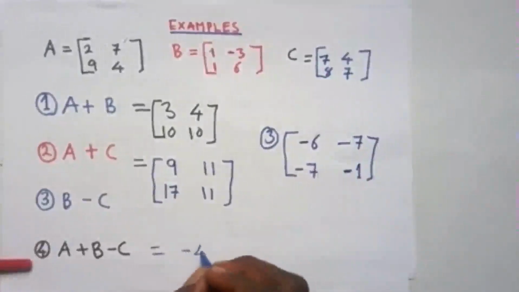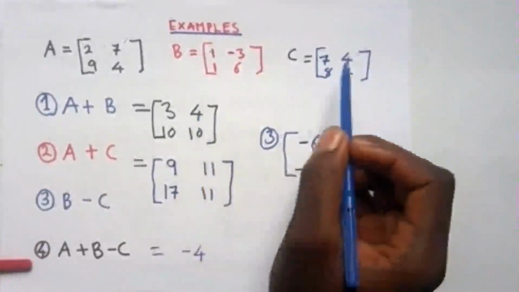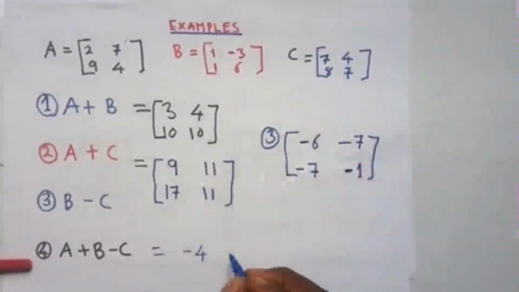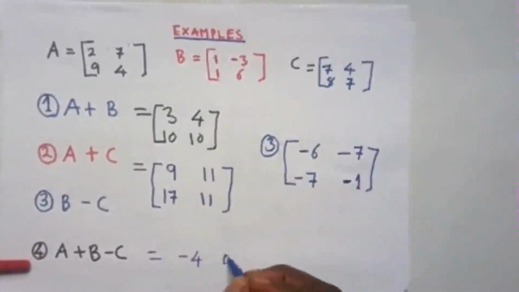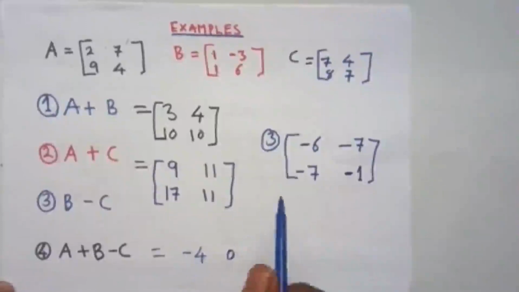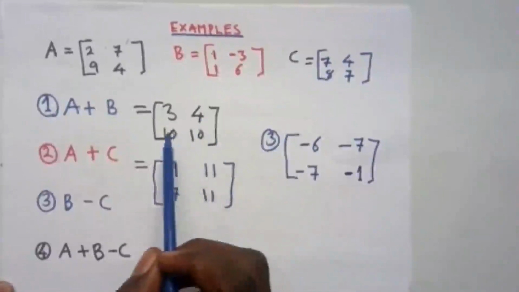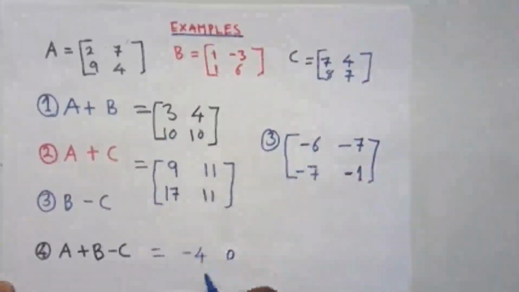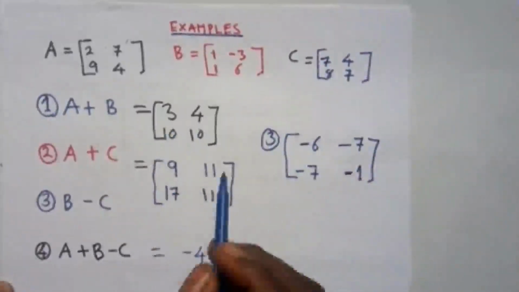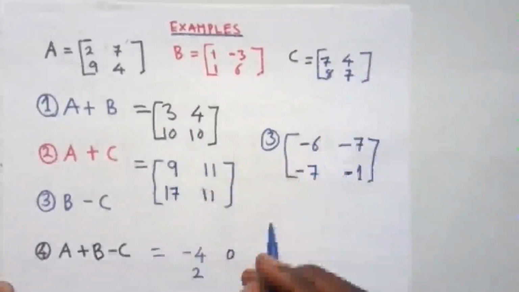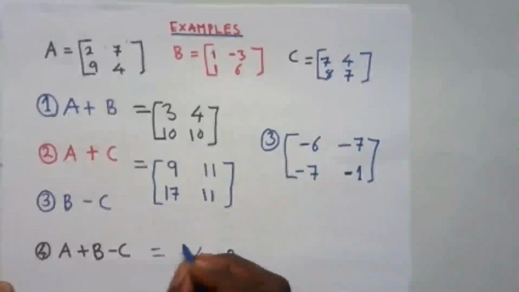Minus 4. 4 minus 4 gives us what? 0. 10 minus 8 gives us what? 2. And 10 minus 7 gives us what? 3.